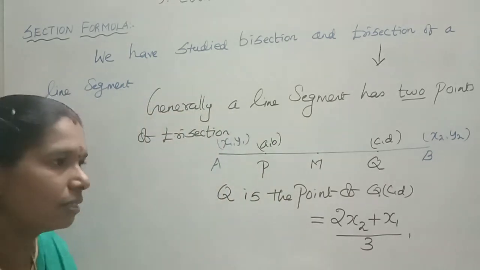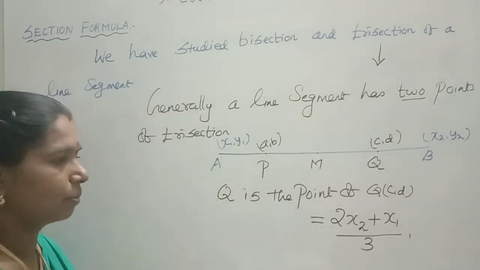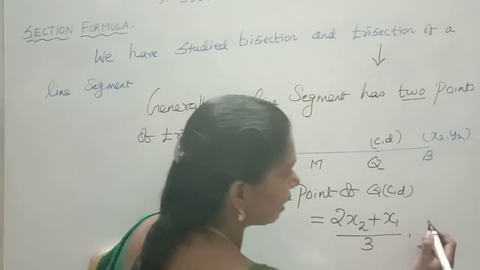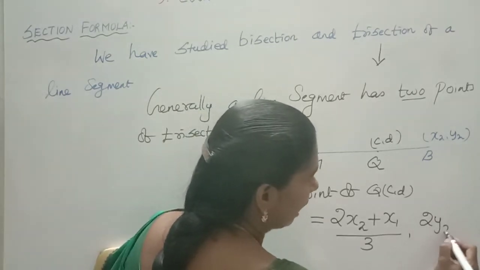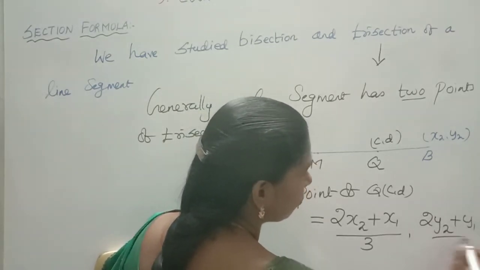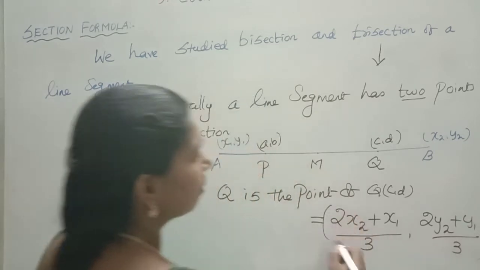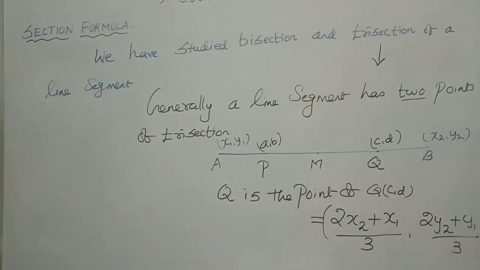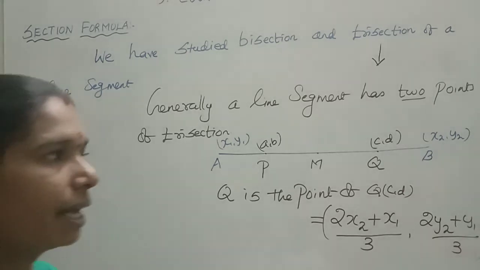Anyway, you should have x2 in front, then x1. And the y coordinate is (2y2 + y1)/3, because we are trisecting the line, therefore we are getting 3 in the denominator. So Q is ((2x2 + x1)/3, (2y2 + y1)/3).